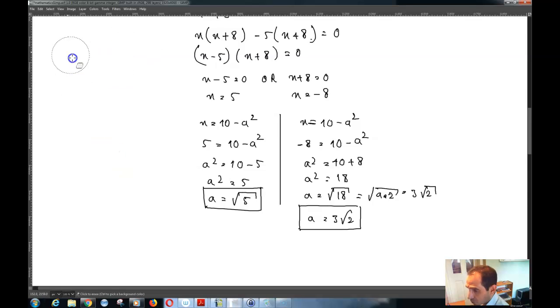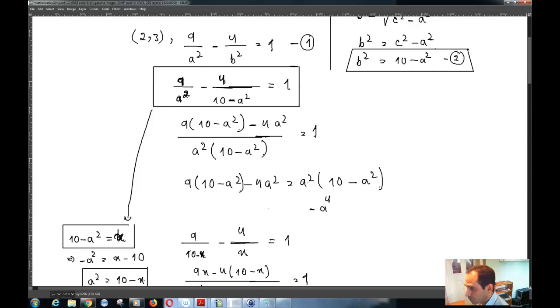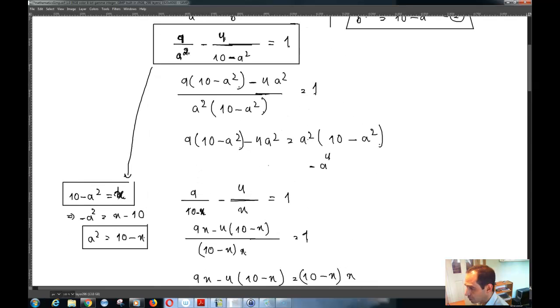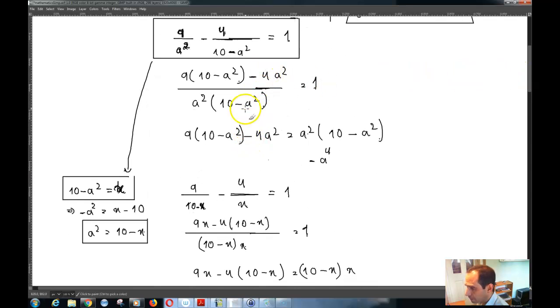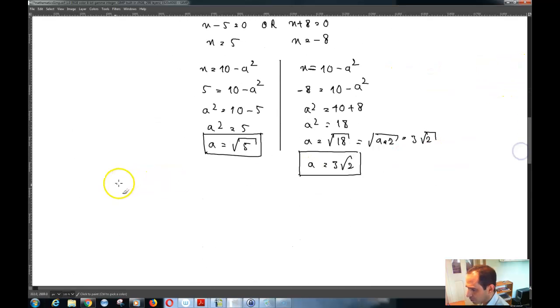Now what I need to do is find two values for b based on these two values of a, and that we should find somewhere over here, in this equation. b squared is equal to 10 minus a squared. So there are two cases.